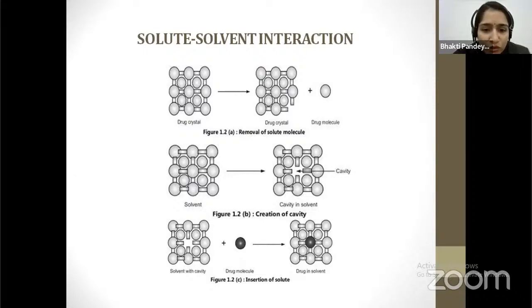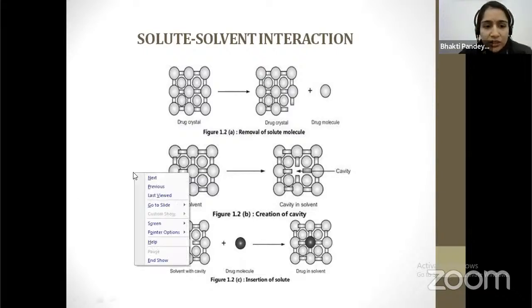Then in the solvent molecules there will be a generation of a cavity. The third part is the insertion of the solute, which was removed earlier from the drug crystal, into the solvent. So this is the solute-solvent interaction.